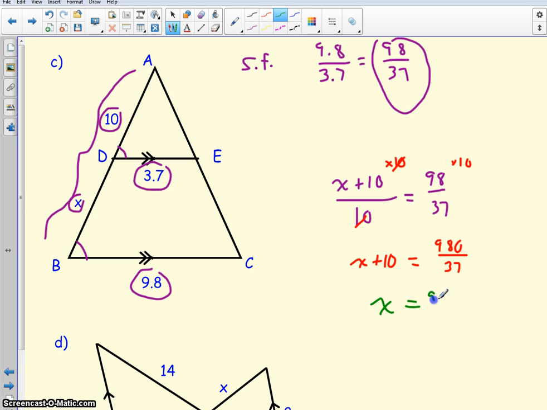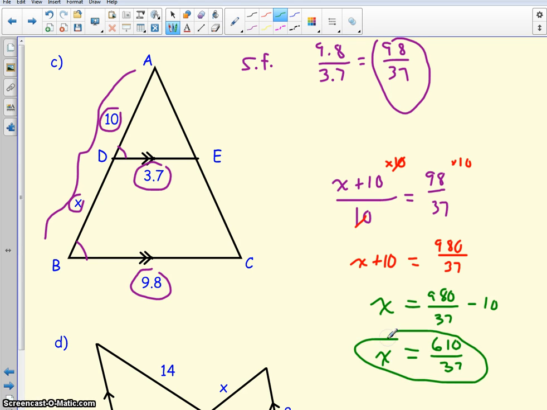So x is 980 over 37 minus 10. Okay, so find a common denominator, run that through your calculator, and you can figure out that that is going to be 610 over 37. Okay, so that'll be the value of that missing value x.